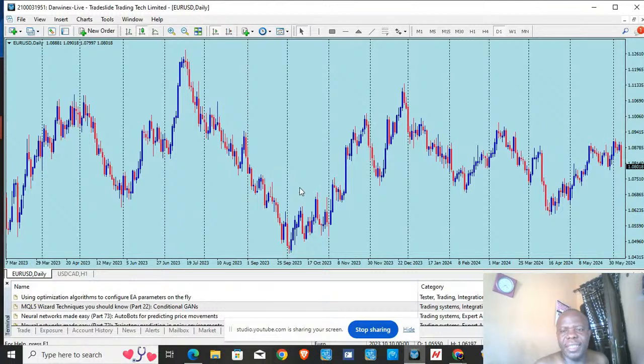So we mark it, and we can use our horizontal straight line or rectangle, or we can even use a trend line. This is what we are going to do by around 7 p.m. tonight.